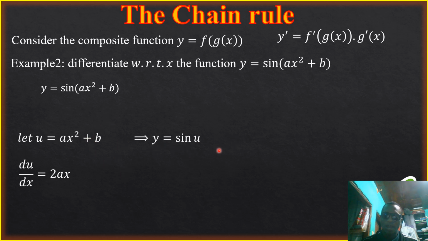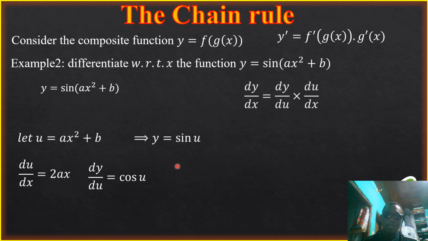Then we differentiate y with respect to u. That gives dy/du equals, when you differentiate the sine function, you get the cosine function. So finally we end up applying our formula, which says dy/dx equals dy/du times du/dx. dy/du is cos u, and du/dx is 2ax.